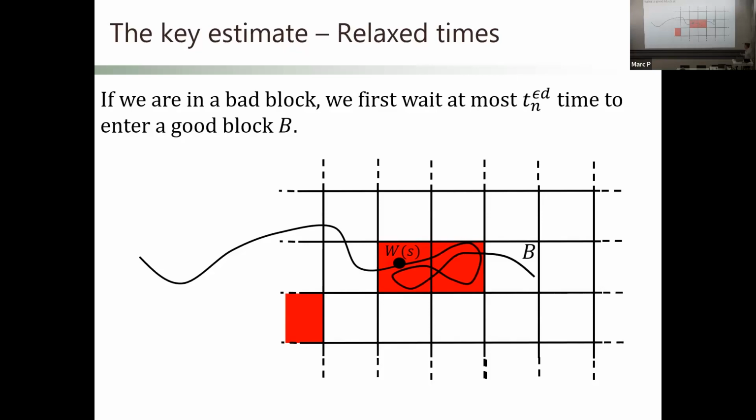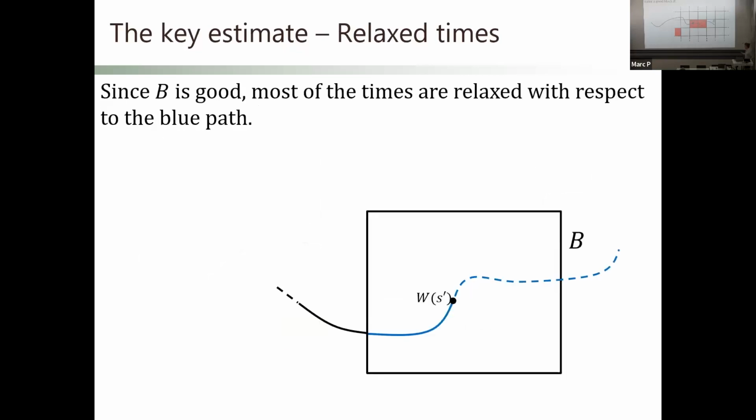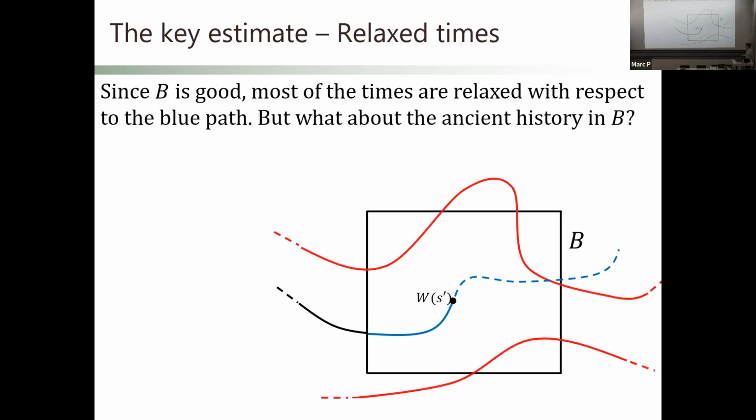And now when we're in a good block, one of our inductive hypotheses was that if we look at the path along here, then there's lots of relaxed points along that. But that means relaxed with respect to the recent history of the past. We also have to worry about the ancient history, where maybe the path visited this block sometime before. Okay, but our argument about heavy blocks said that this didn't happen too many times.